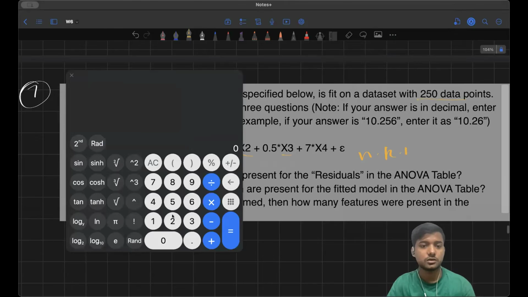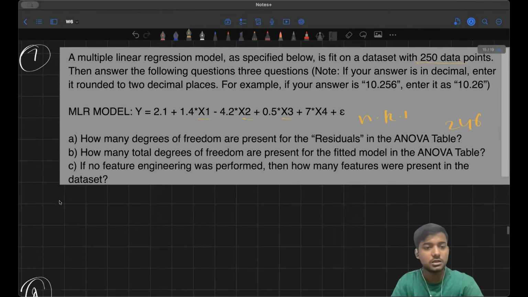Okay, so 250 minus 3 variables minus 1. So we have 246. Okay, so for A, it is n minus k minus 1, which is 250 minus 3 minus 1, which is 246.